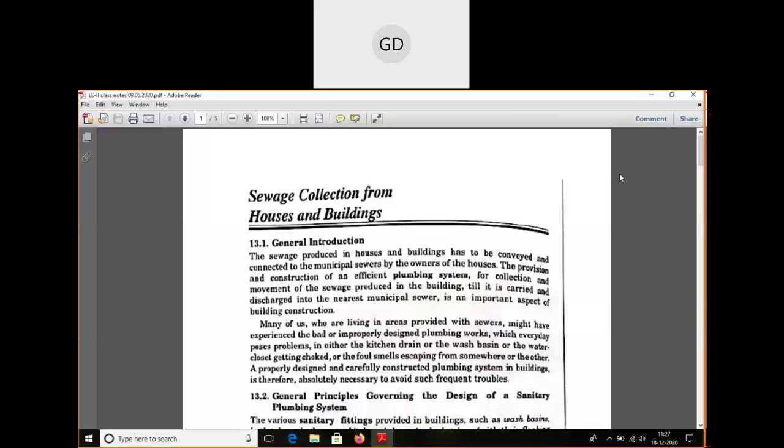So for all those reasons, we always need a properly designed and very carefully constructed plumbing system in buildings.